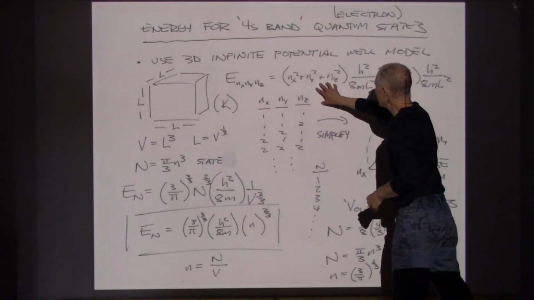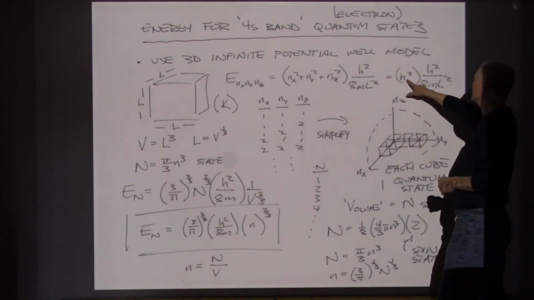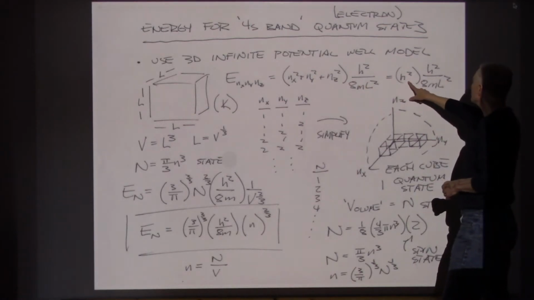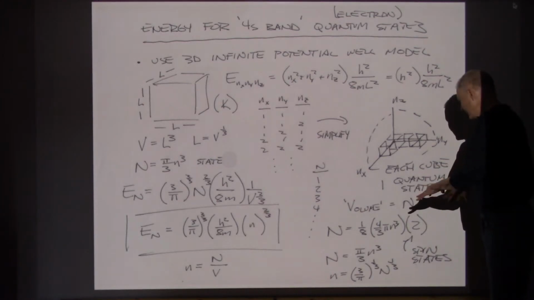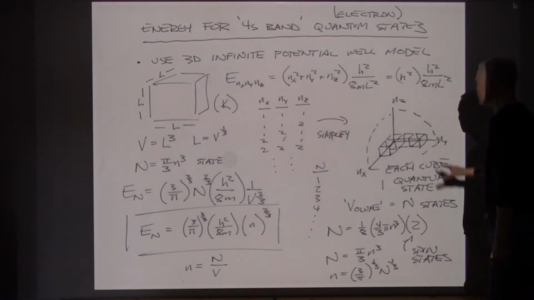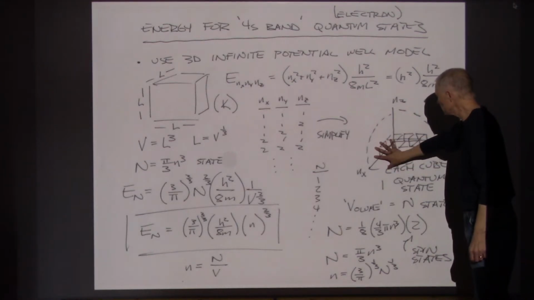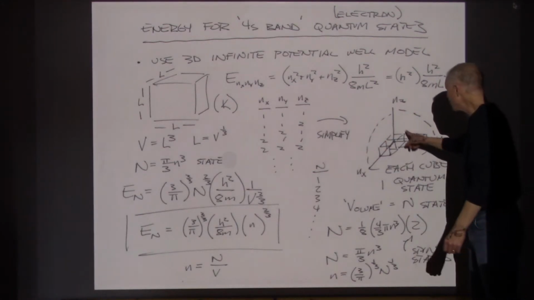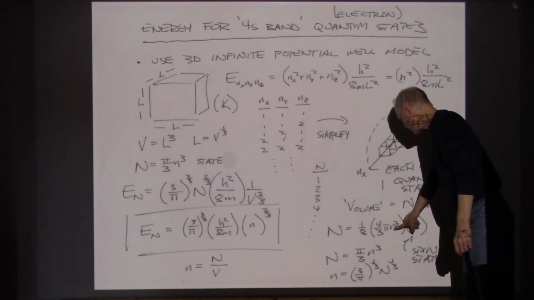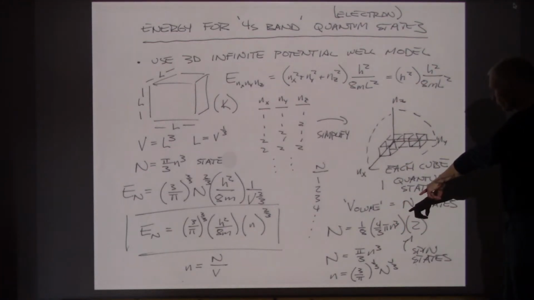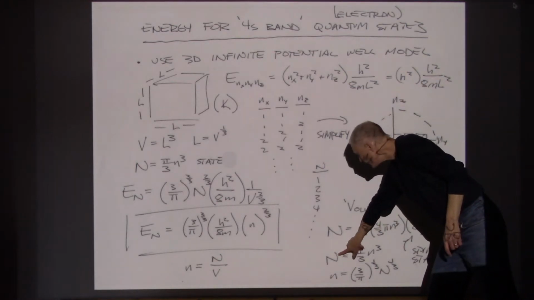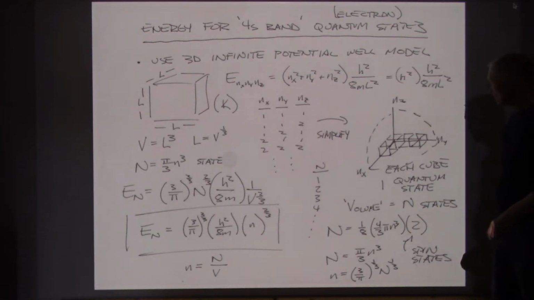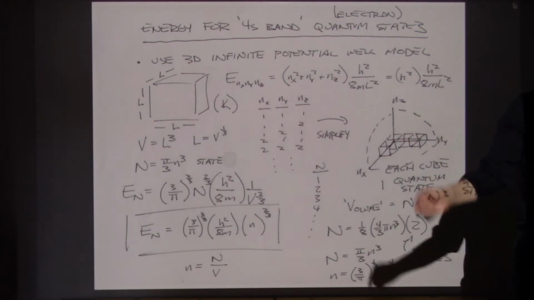What we're going to do is combine those as if they were components of something called just n squared, where the energy of the nth state is given by this formula. And again, we're going to count the number of states. By calculating the volume, which would be 1/8 of a sphere in terms of little n, we can get a formula where the little n can be replaced by big N, where n is simply counted 1, 2, 3, 4, 5.